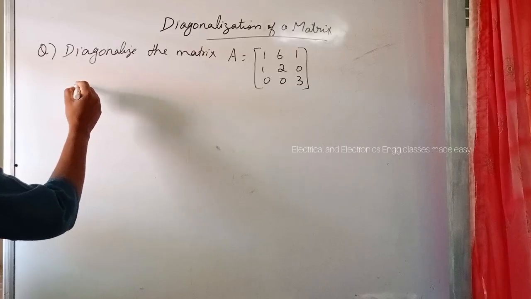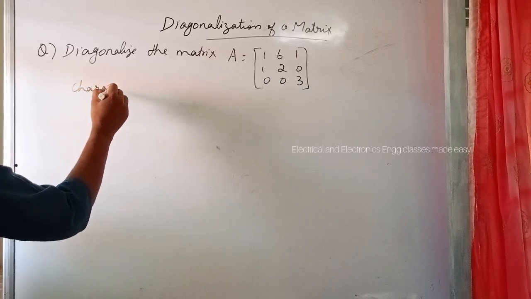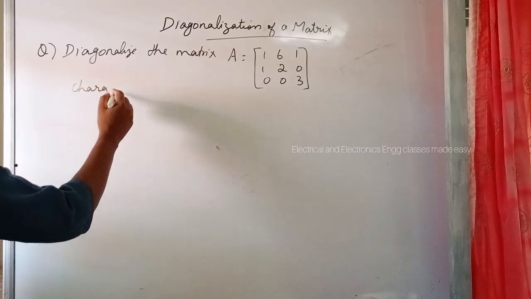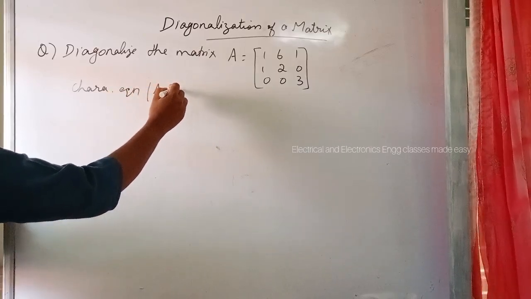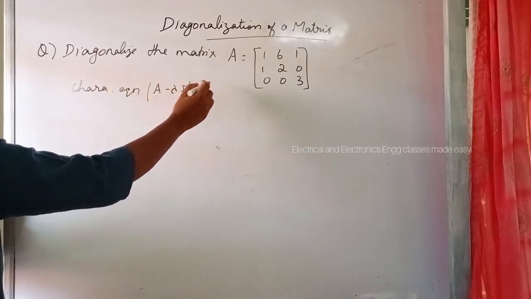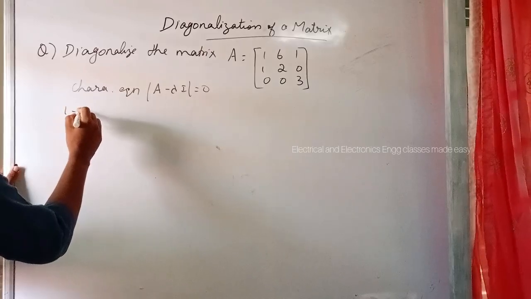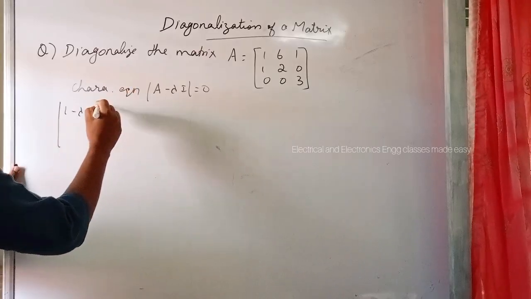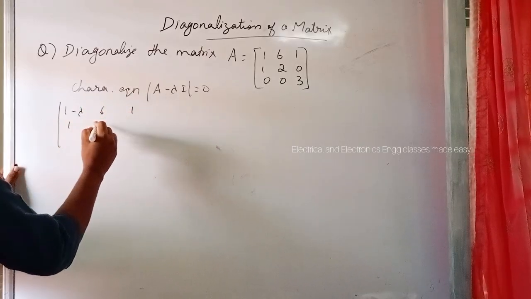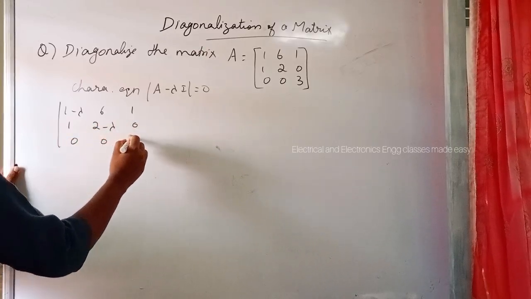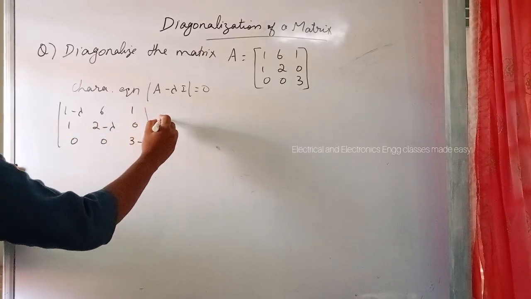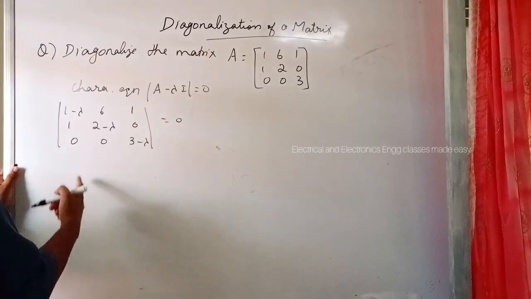So our first step is to find the eigenvalues and eigenvectors. For that, the characteristic equation is determinant of A minus lambda I equal to 0. That is, the matrix [1 minus lambda, 6, 1; 1, 2 minus lambda, 0; 0, 0, 3 minus lambda] equal to 0.